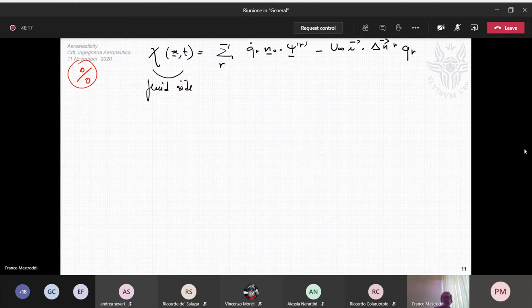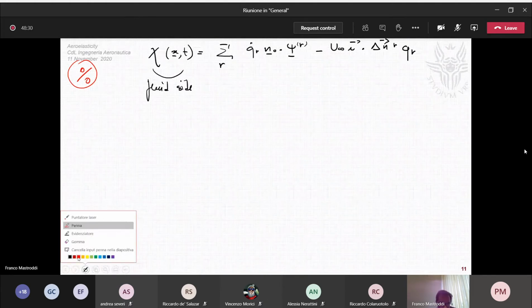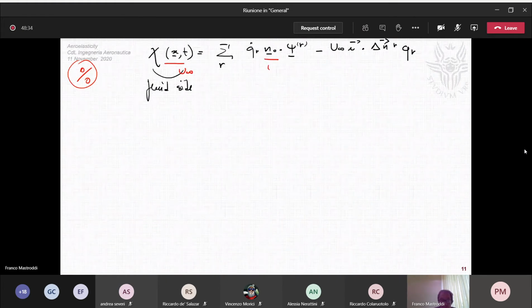Okay, now let me undimensionalize this equation, because this here dimension is the velocity. So let me divide everything with respect to a reference velocity, like the free stream velocity, u infinite, and then cancel this.